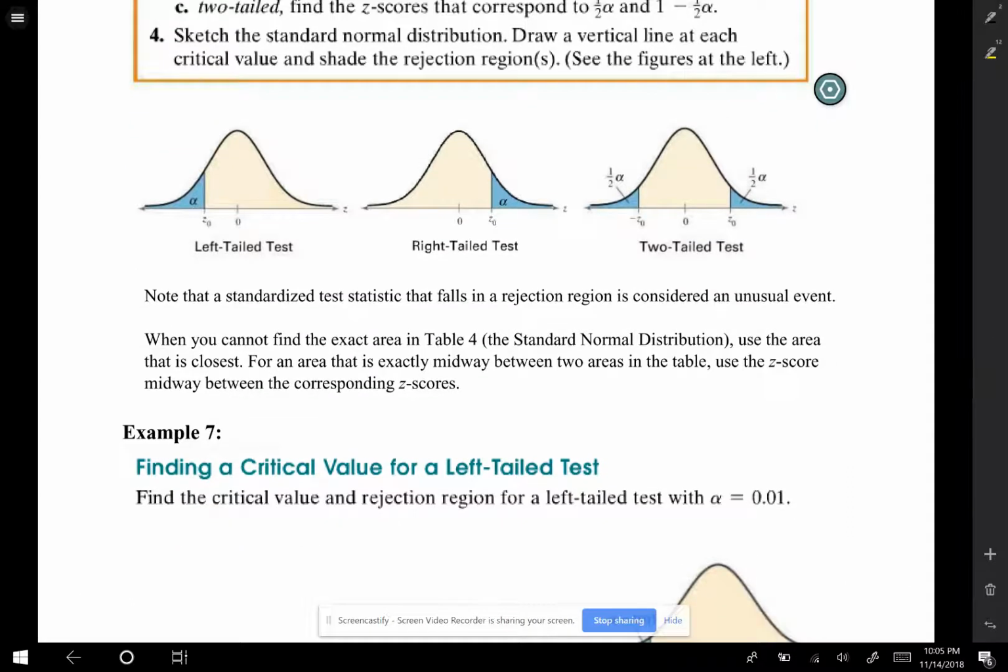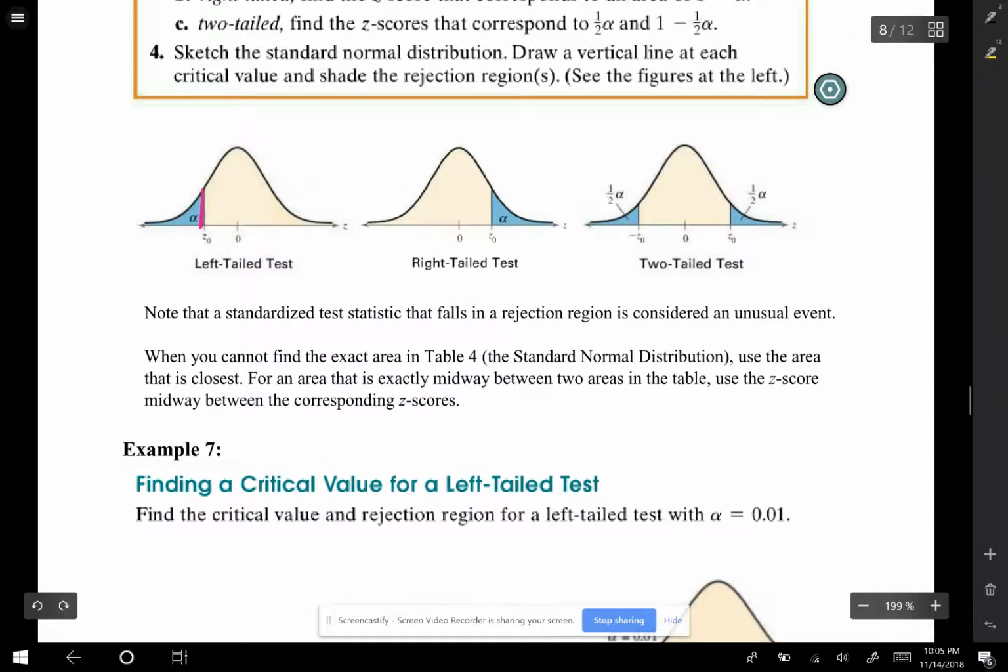This shows that if you're doing a left-tailed test, here's our critical value, and our rejection region would be to the left of the critical value. Here, the rejection region would be anything to the right of the critical value. And here, we split it, and it's in either one of the tails.